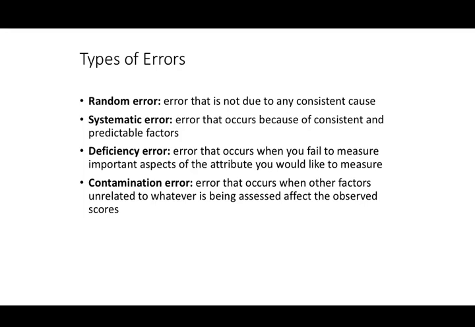And so if you have a measure that only measures one aspect of a job, you're going to end up with a deficiency problem. You can also have contamination, where you have an error where factors that are really unrelated to the measure are being measured. And I know that I've talked about this in other classes where you have a performance measure, and your performance measure is to look at how attractive a waitress is, to decide whether or not they'll be a good performer.